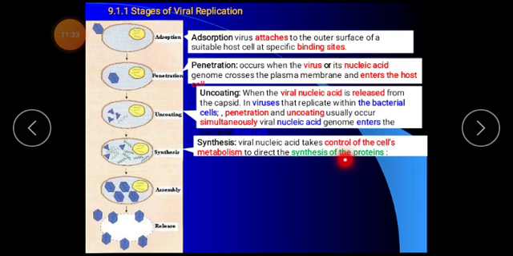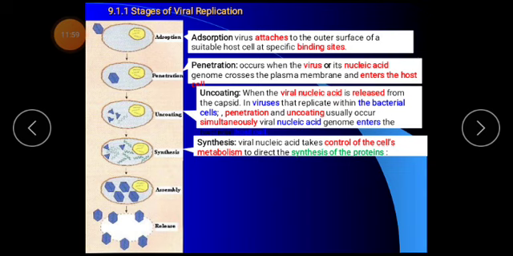It controls all metabolic activities of the host cell in order to allow synthesis of the protein, and it gains from it as a parasite. That's what we call synthesis. In the synthesis stage of viral replication, the virus takes part in the metabolic activities and controls the protein synthesis of the host cell.